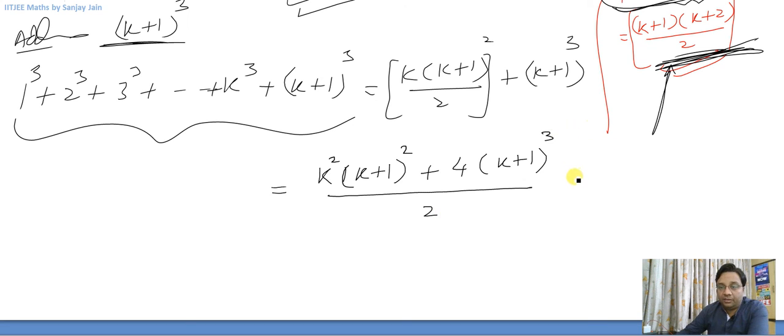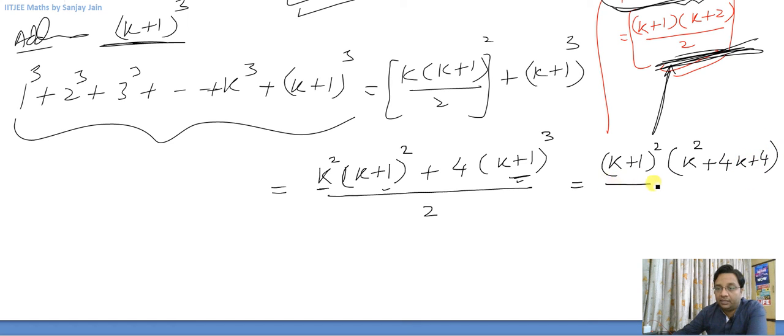Okay, now you see what I can take outside is (k plus 1) squared, right? (k plus 1) squared and (k plus 1) squared from here. So from this first term I'll have k squared, and from here I'll have k plus 1. So let me write it as 4k plus 4, and then this entire term is divided by 4.